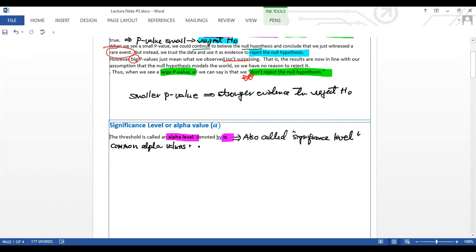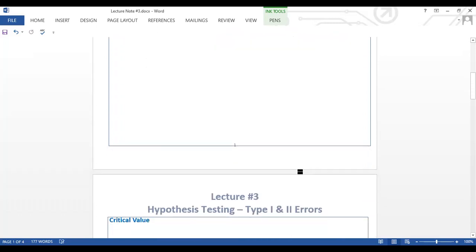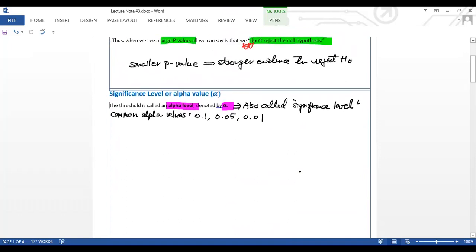What are the levels? We have 0.1, 0.05, and 0.01. Those are the three most commonly used.